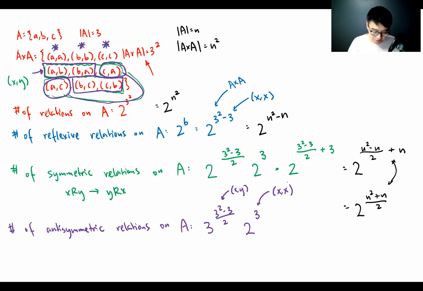There's really no other way that we can simplify this equation. So we can generalize this: if it's n, then we get the equation 3 to the power of (n squared minus n) over 2, times 2 to the n. Because we have (n squared minus n) over 2 of these XY groups, there are 3 choices for each one of those groups, and then there's 2 to the n for the XX's.